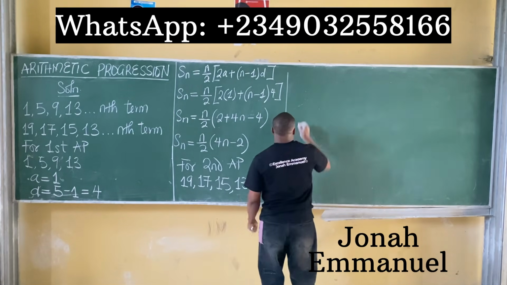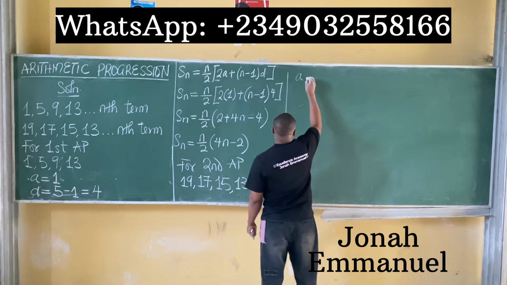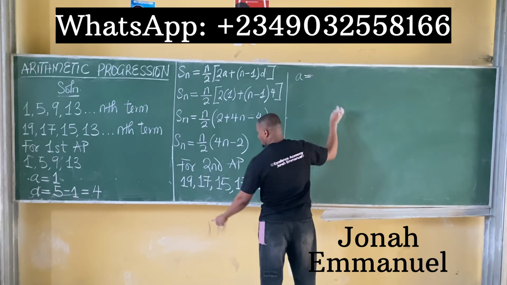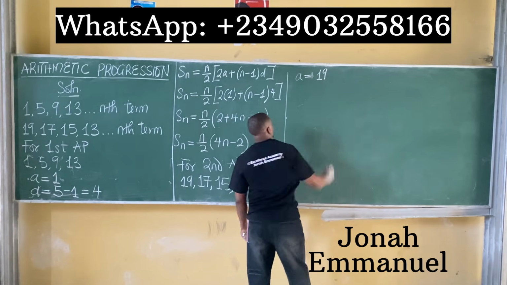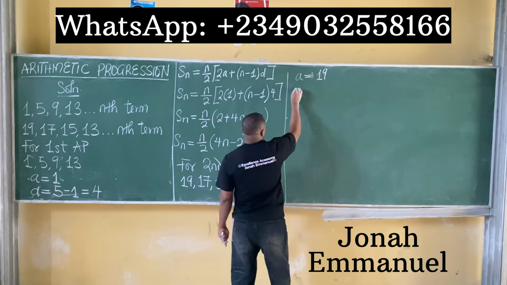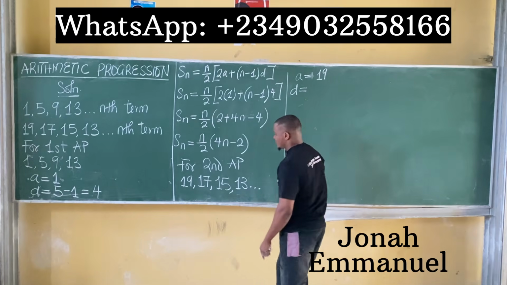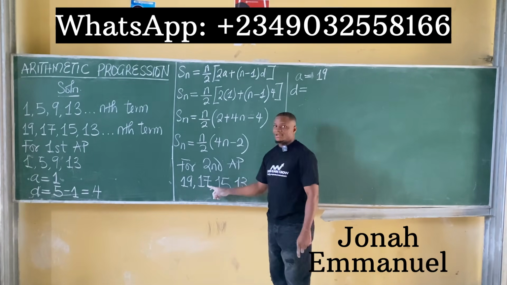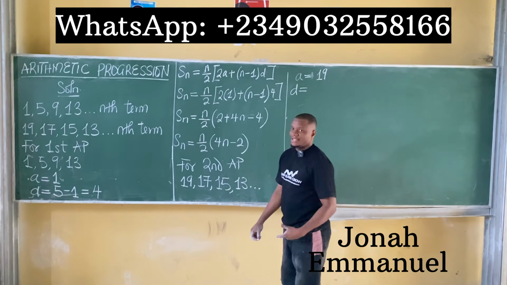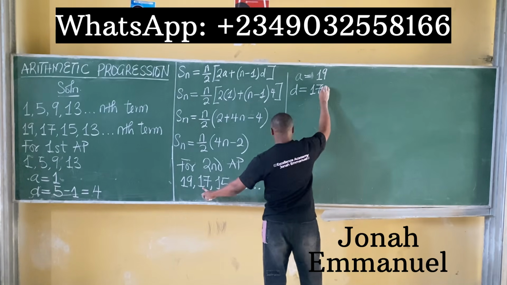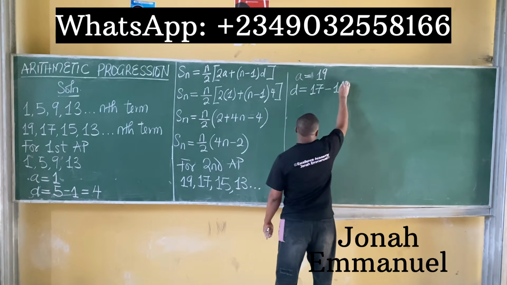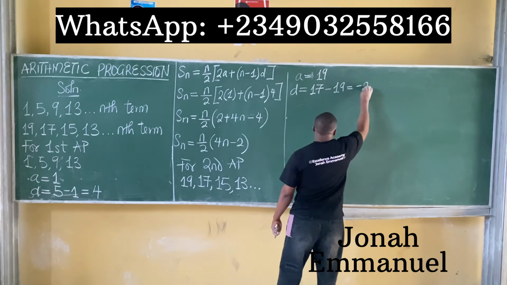The first term a is equal to 19. To get the common difference d, we said subtract the first term from the second term. So simply second term 17 minus first term 19, and that's equal to minus 2.